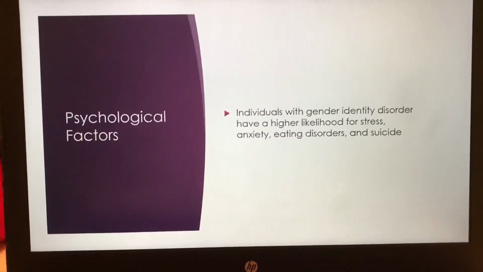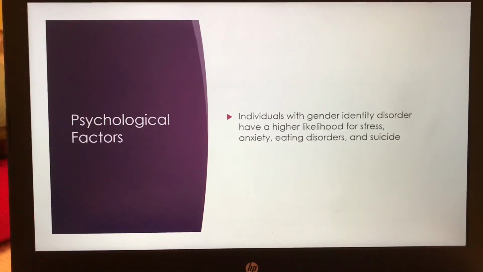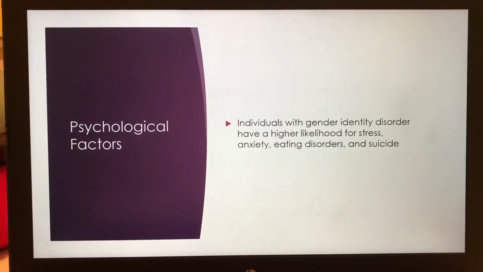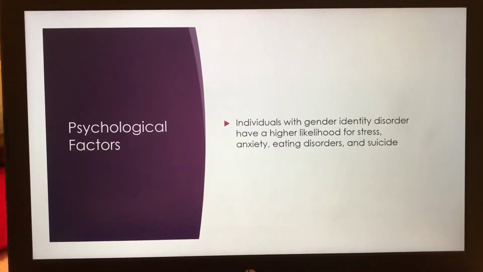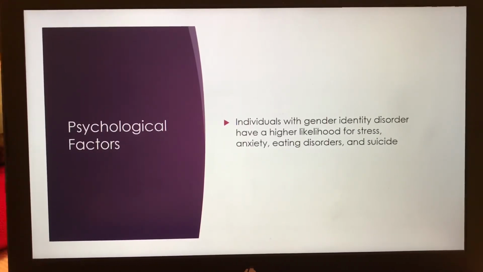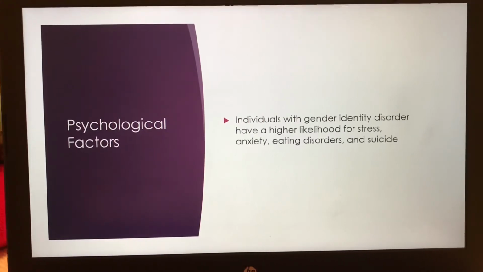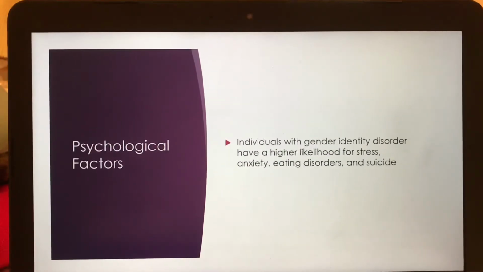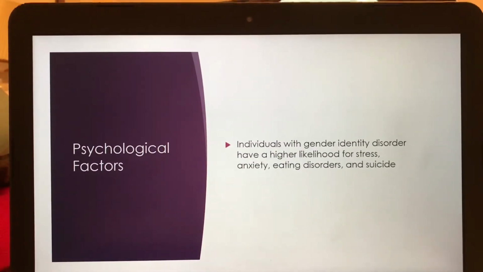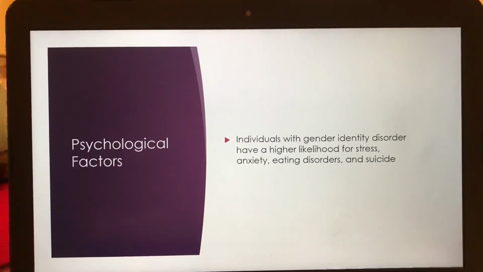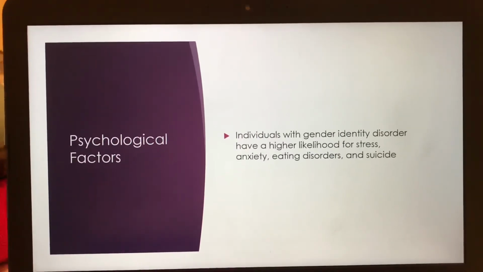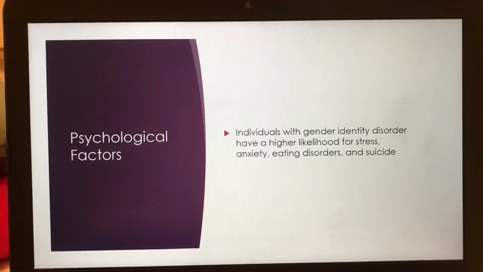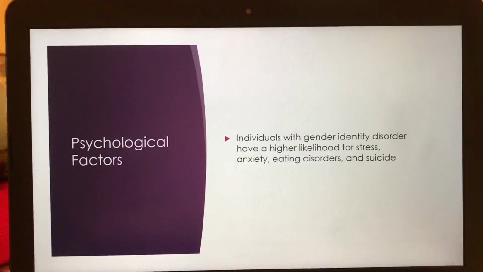For psychological factors, individuals with gender identity disorder have a higher likelihood of stress, anxiety, eating disorders, and suicide. Individuals with gender identity disorder often are assaulted and are marginalized in society, causing stress and anxiety and depression.